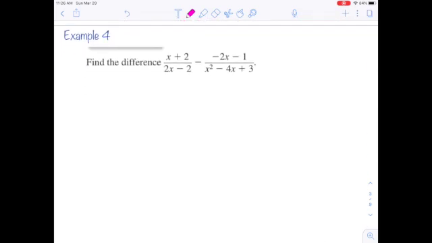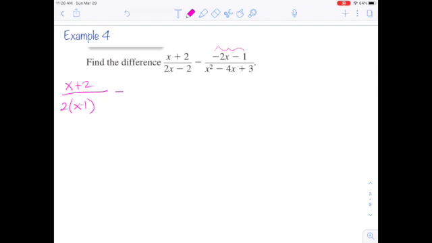All right, and example 4, all we're doing is subtracting. So you treat it the same. Factor everything first. So take out a factor of a GCF of 2, you'll have x minus 1 left.